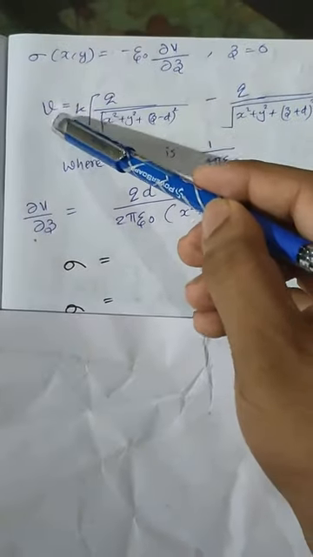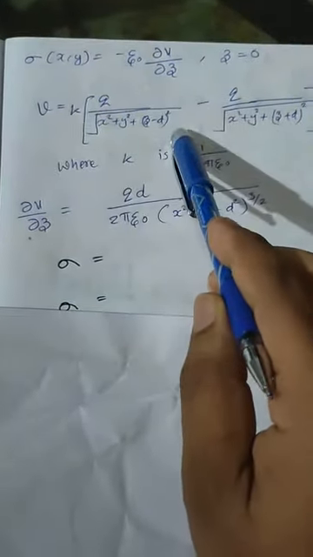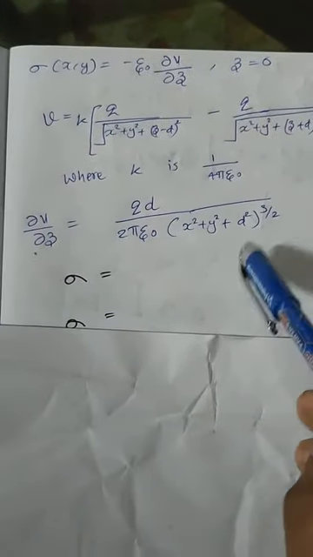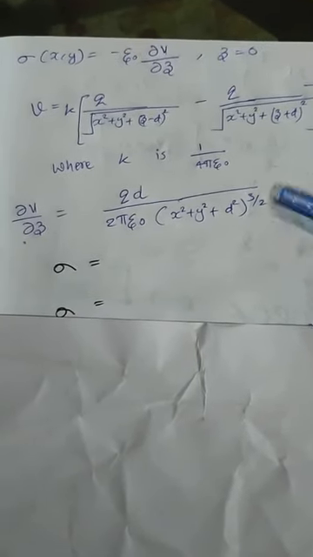And now our job is to find the value of sigma out of this potential. So we take the derivative with respect to z, and what we get is this one. You have to check and verify whether you get this, and you can take this differentiation as a kind of exercise.